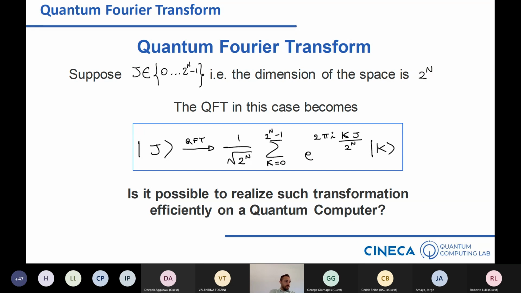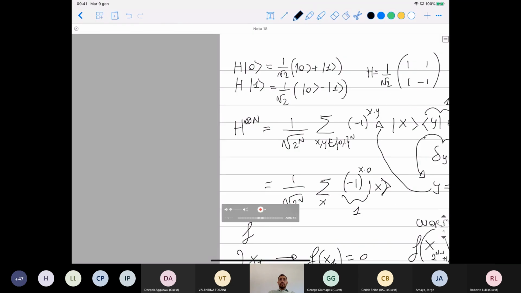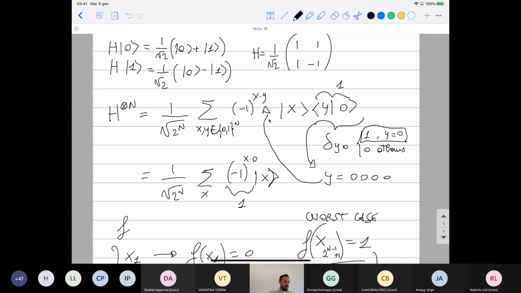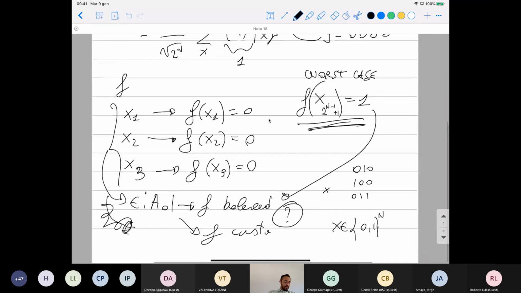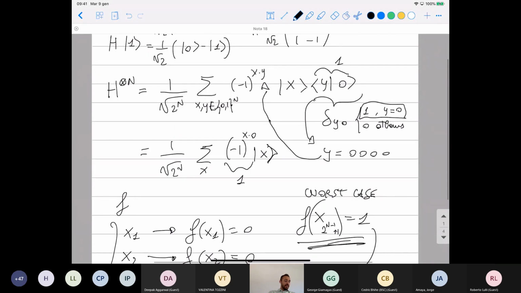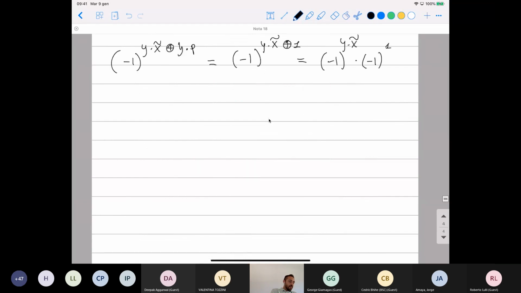You have seen before that when you apply H n to 0 n, what you get is something like the sum over x of 1 over square root of 2 to the n.